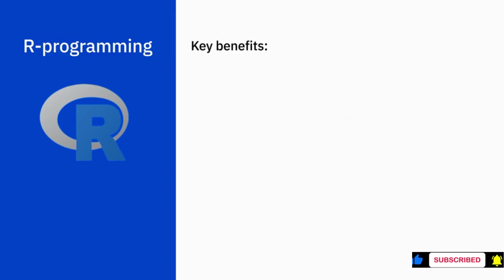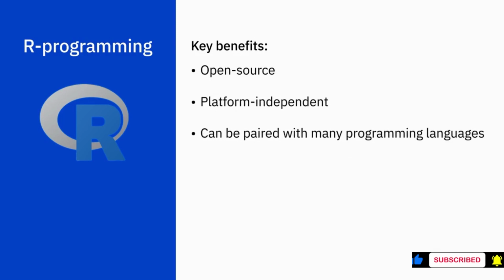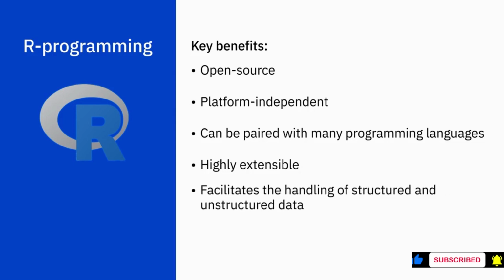Some of the key benefits of R include the following. It is an open source platform independent programming language. It can be paired with many programming languages, including Python. It is highly extensible, which means developers can continue to add functionalities by defining new functions. It facilitates the handling of structured as well as unstructured data, which means it has more comprehensible data capability.